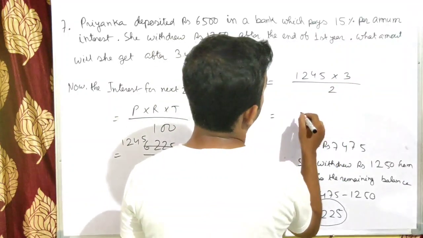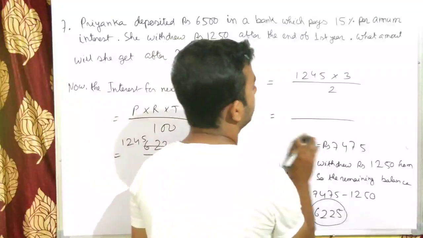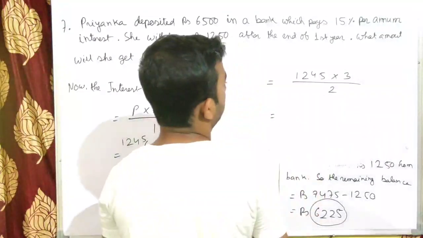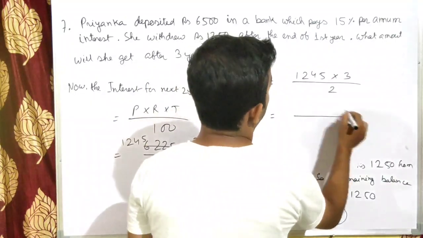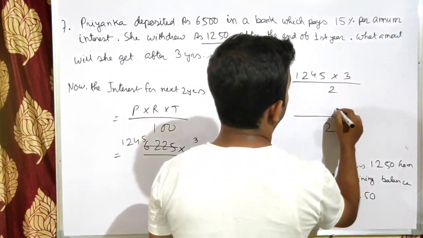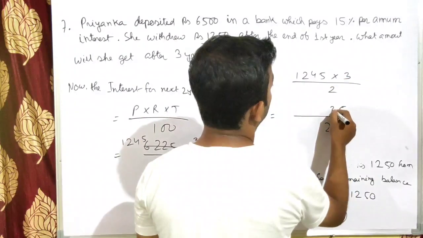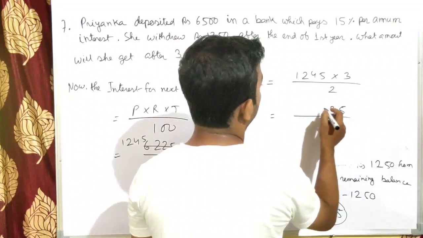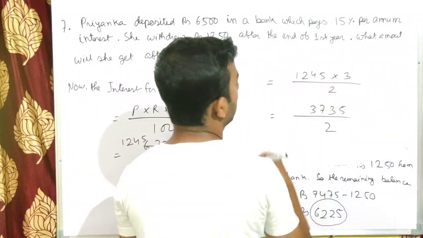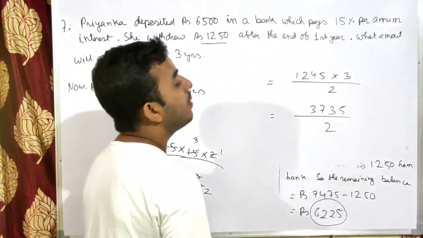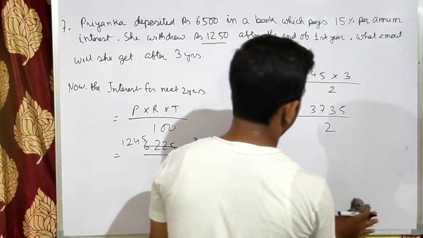Okay, so let's multiply this first. 5 into 3 is 15, 4 into 3 is 12 plus 1 is 13, 3 into 2 is 6 plus 7, 3 into 1 is 3. So 3735 divided by 2.